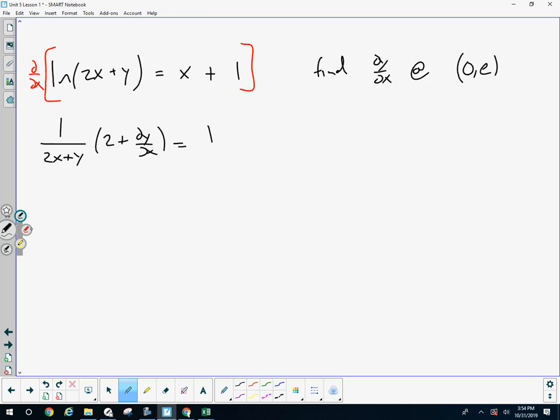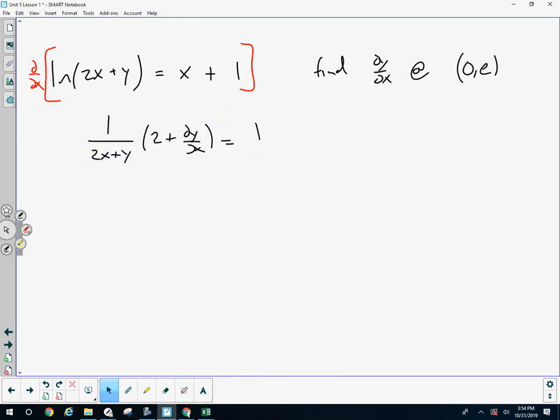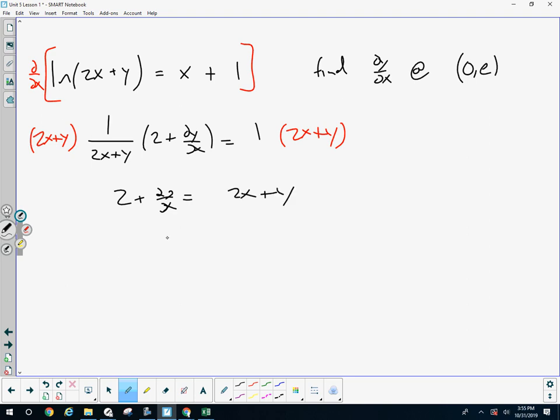So why don't we do that instead? Multiply both sides by 2x plus y. Giving us 2 plus dy dx equals 2x plus y. Subtract the 2.